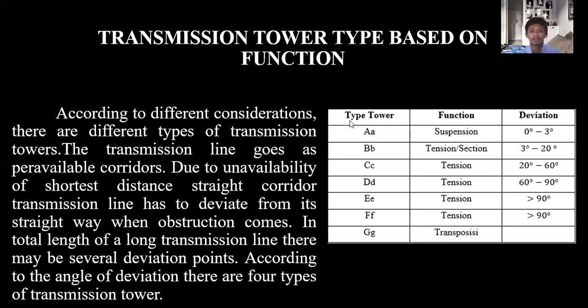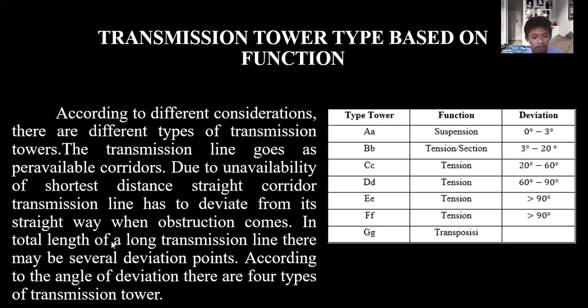Next, transmission tower type based on function. According to different considerations, there are different types of transmission tower. The transmission line goes through variable corridors due to the inevitability of a shortest-distance straight corridor. Transmission line has to deviate from its strike when obstruction comes.